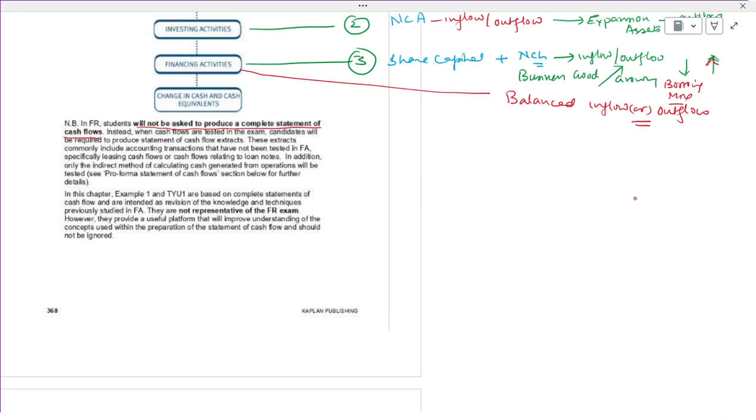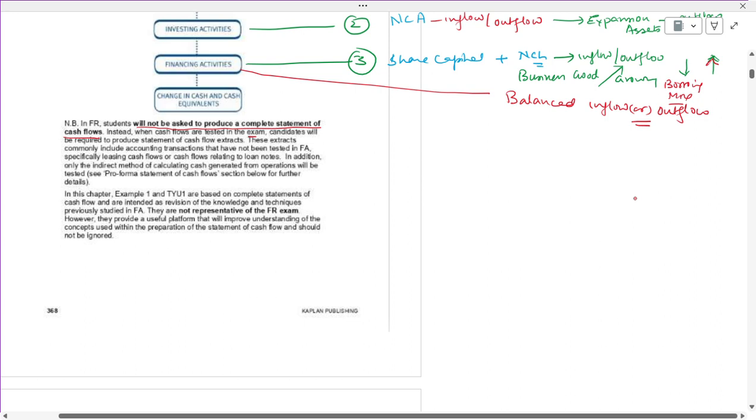We will do things completely, but in the examination, when cash flows are tested, they will require you to produce a cash flow extract. Either they will give you operating activities, or they will give you financing and investing activities. This is my experience.